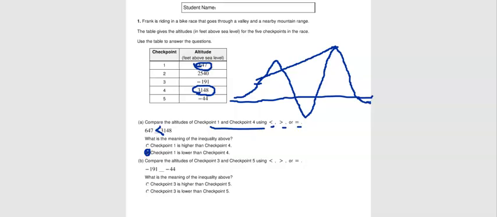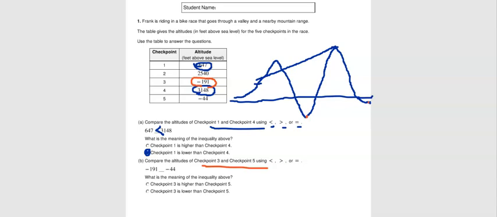Okay, let's look at the next one. Let's see if I can change to a different color here real quick. It says compare the altitudes of checkpoint 3 and 5. Checkpoint 3, when we did this little graph, was kind of down here, and checkpoint 5 was here.